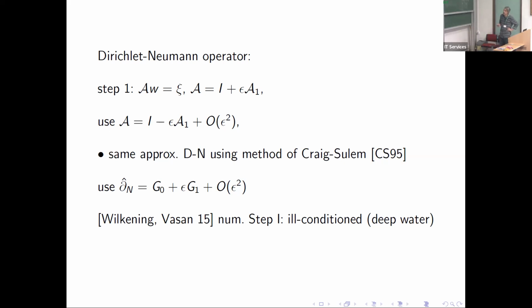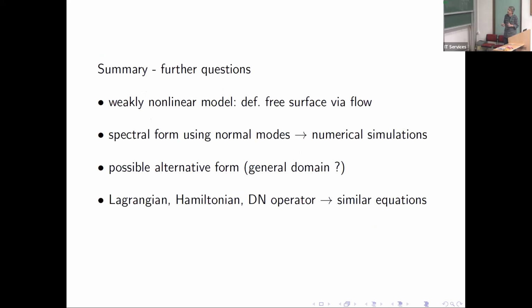Now, I should mention that numerically, of course, this operation is kind of complicated, even numerically. I mean, this inversion, and similar problems appear when you go to higher order. But these formulas allow us to get a model, and I think I will finish here actually. To summarize, we have basically used a definition of the free surface, which seems to be new.